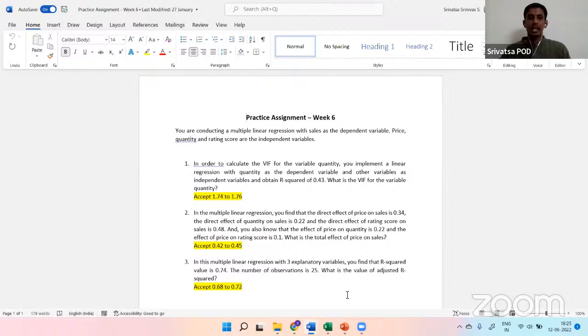And the final question is very relevant to multiple linear regression, and that is on the adjusted R squared. Adjusted R squared is an important concept in multiple linear regression, because if you just consider the R squared value, and you simply keep on adding independent variables, say hundreds of them, the R squared value will keep growing up.